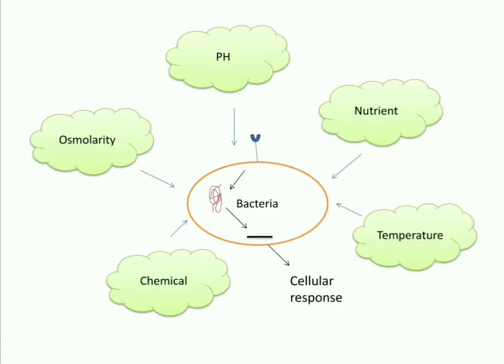There is a change in the nutrient or oxygen or pH or a chemical, etc. Many types of changes occur in the environment. They have to survive in that condition, and with this regulatory system they control their cellular response, as it contains a histidine kinase, HK, and a response regulator, that is RR.